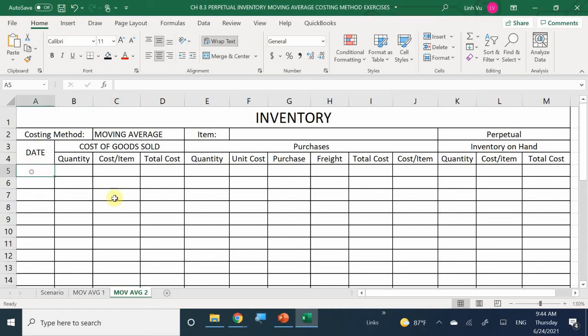I'm going to put my ending date for my beginning balance of my inventory. So in this case, I have 100 items costing me 373.07, I think. Let's see.